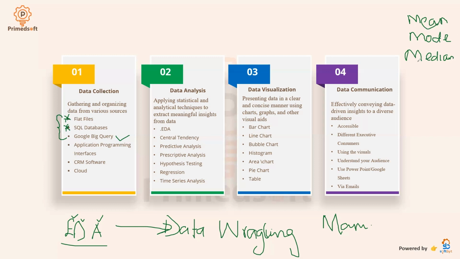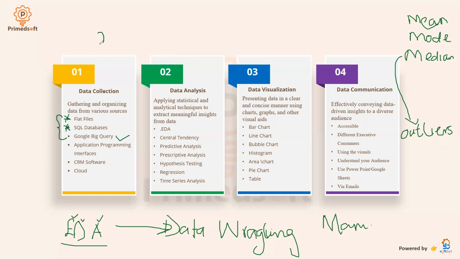So when I'm calculating the central tendency, when you want to handle outliers, you use median over mean. So let us do a little calculation here.